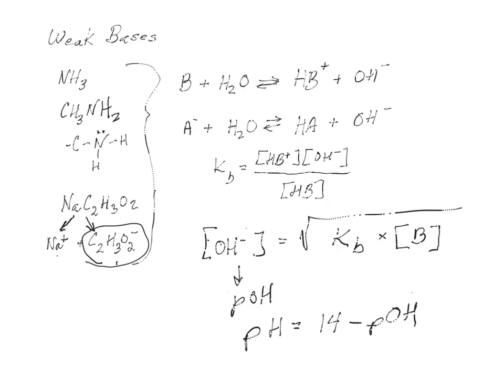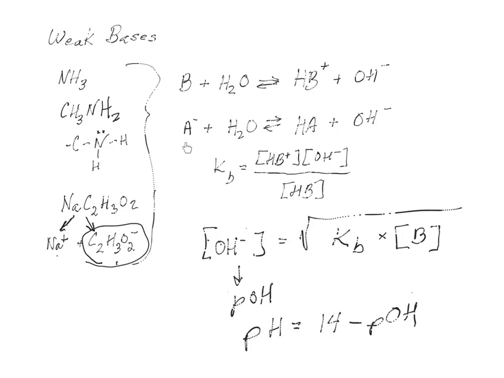So there's two sort of versions of our bases acting, where we've got a neutral base like ammonia getting a hydrogen from water and becoming HB+. And then we have our hydroxide floating around in the water, which is going to produce our alkaline situation, our basic situation.